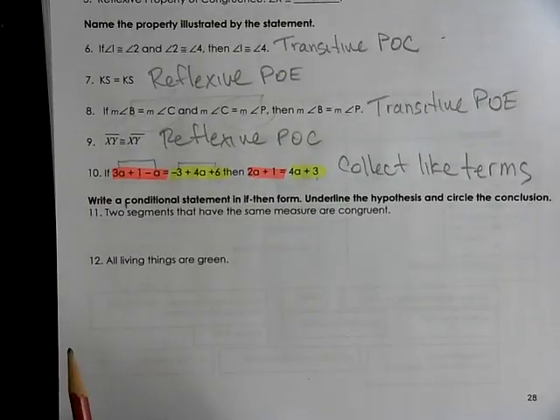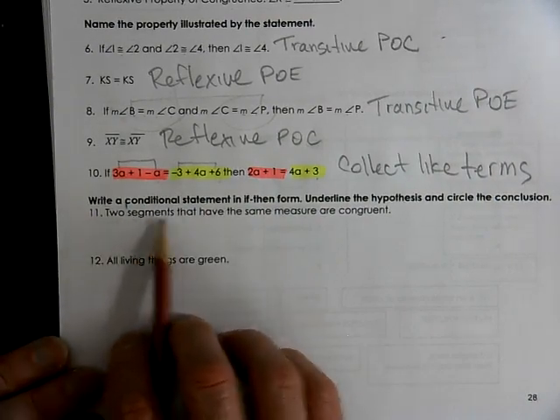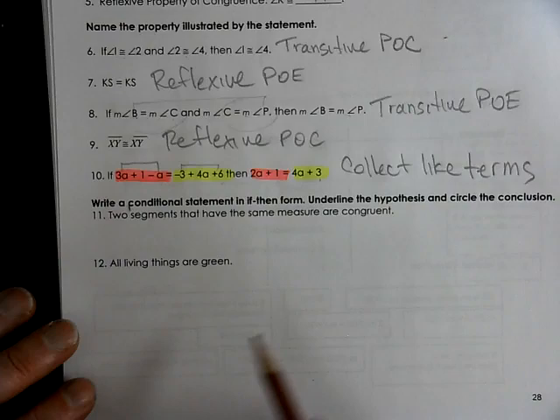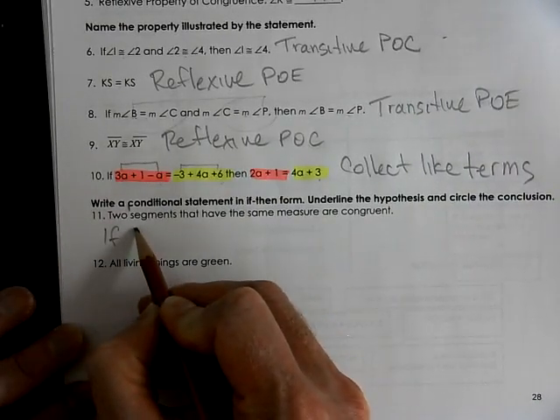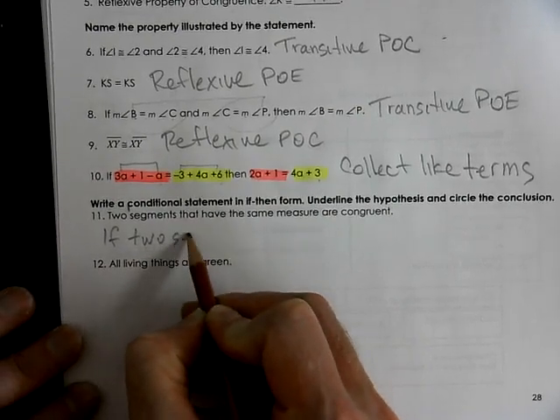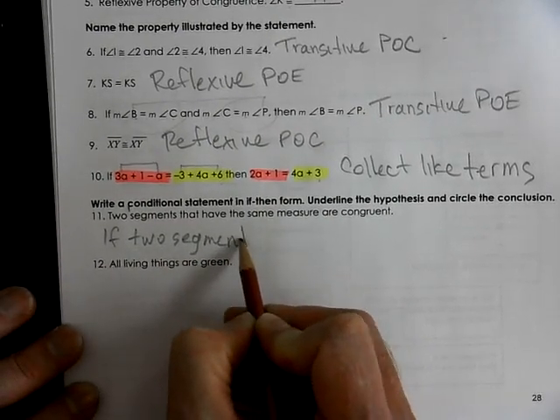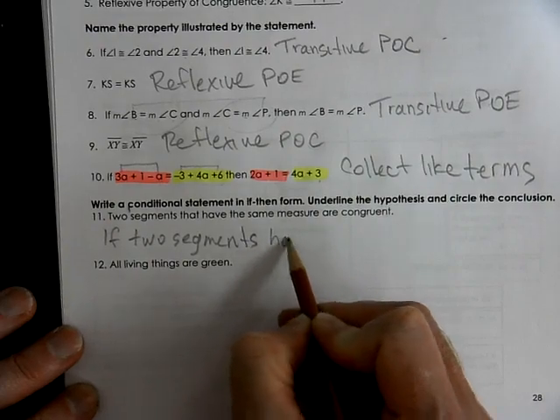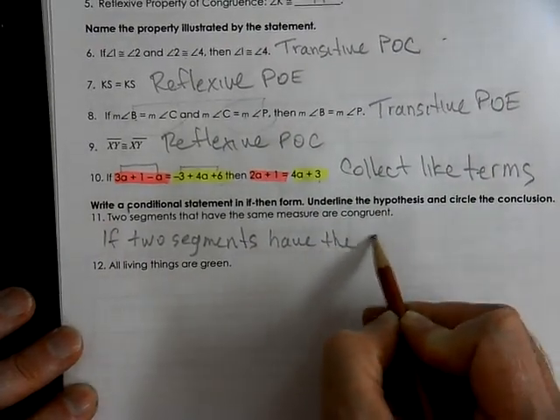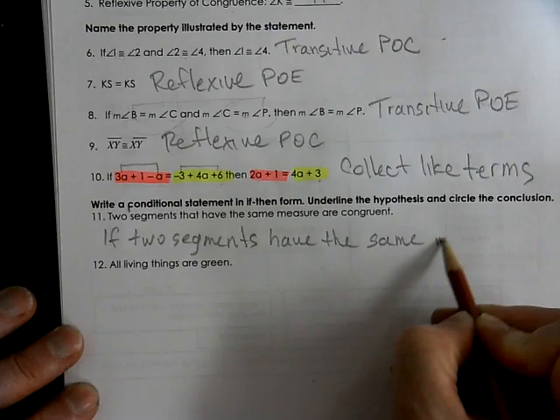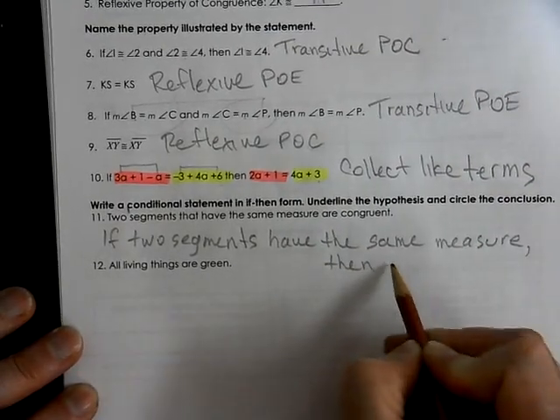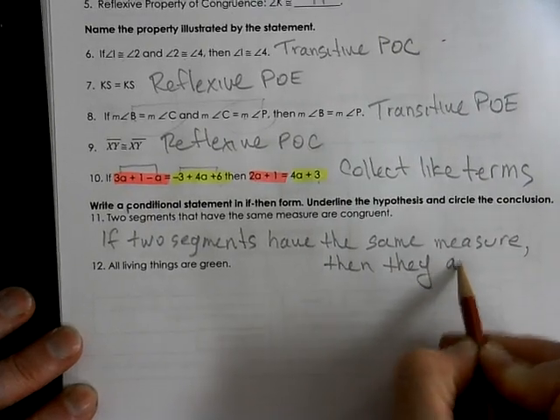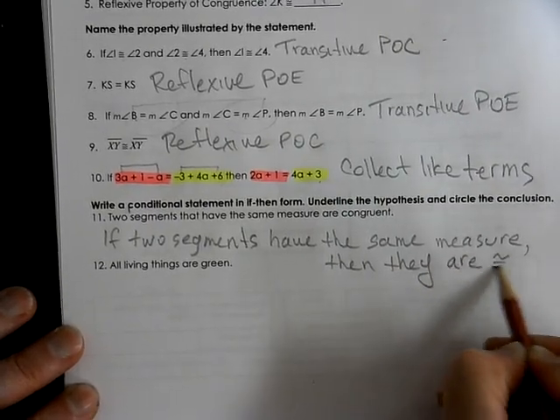Write a conditional statement in if-then form. Two segments that have the same measure are congruent. If two segments have the same measure, then they are congruent.